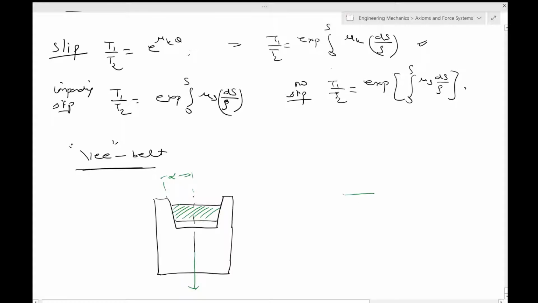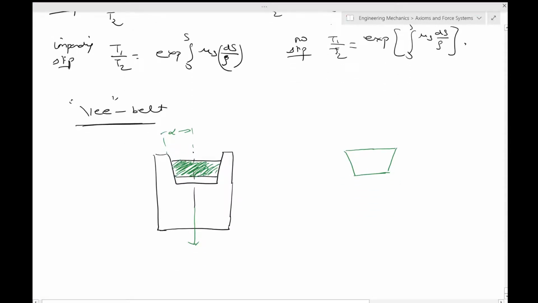So separately just draw this green part only. This is the belt. So it's a V belt, and it's called a V belt because of the V shape, I am assuming. V belt in a V shaped groove cut in a pulley.